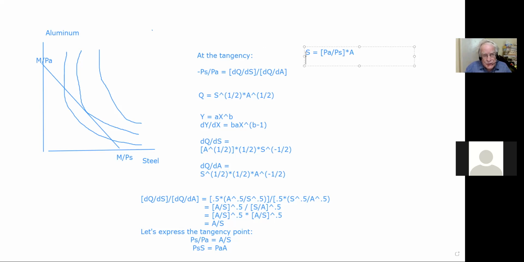However, our demand function for steel should not depend directly on aluminum, but instead on the amount available for spending, M.